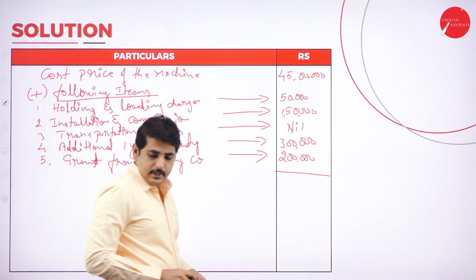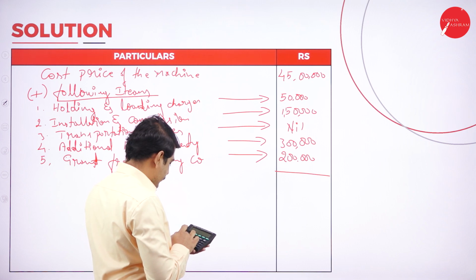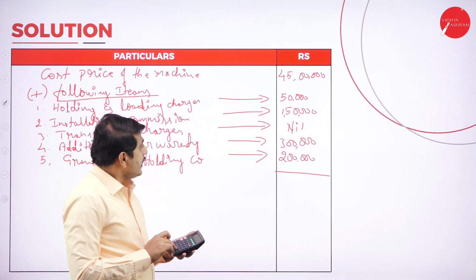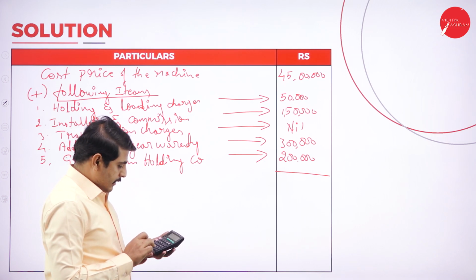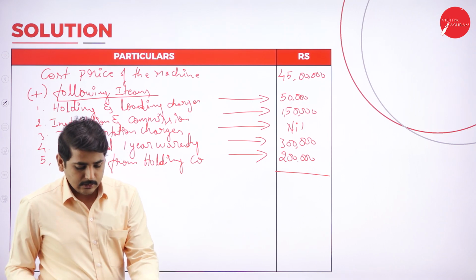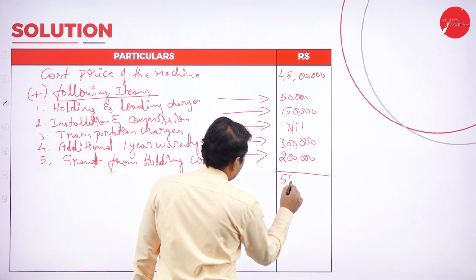Add all the items now. 45 lakh plus 50,000 plus 1,50,000 plus 3 lakh plus 2 lakh. So you will get the total cost of the machine as 52 lakh.